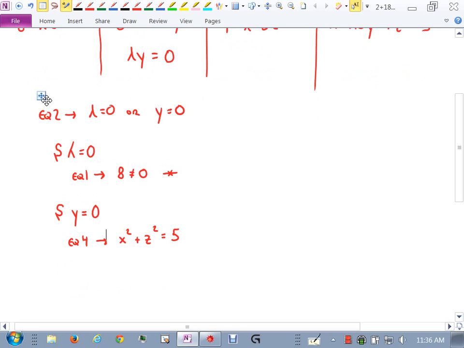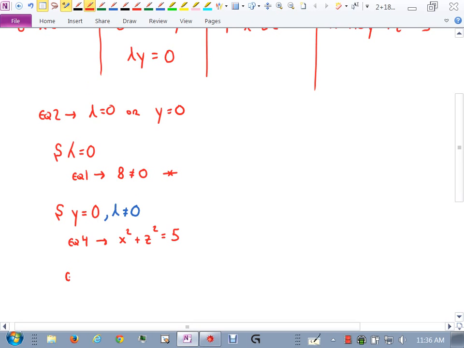Okay. So I already know when lambda is 0, the universe collapses. So right here, I'm just going to add a condition: lambda not 0. I think we can say this safely. Y is 0, but lambda is not 0. That way we avoid this situation, and I can divide through by it.